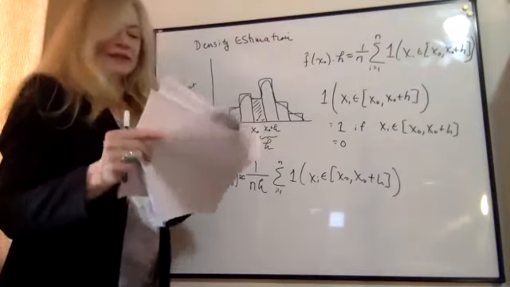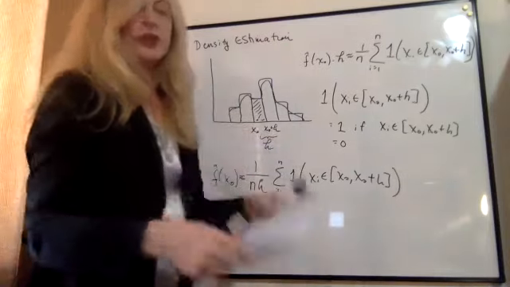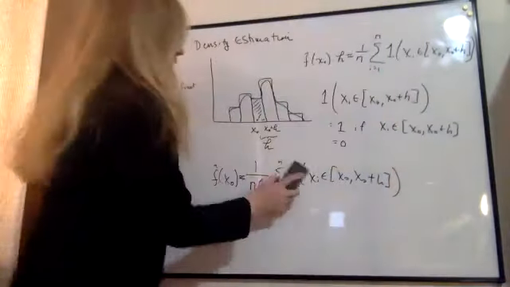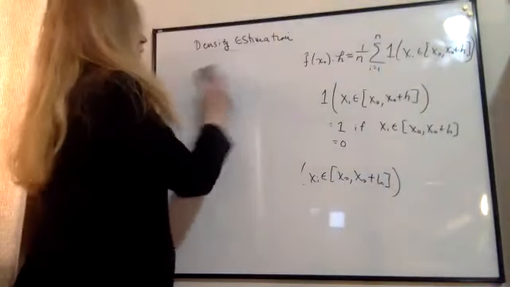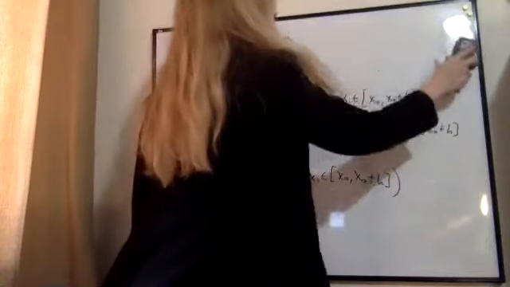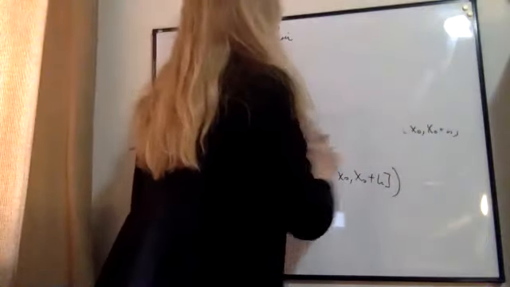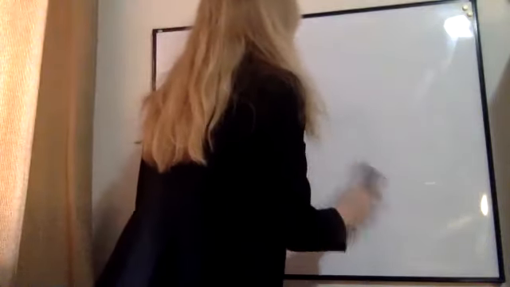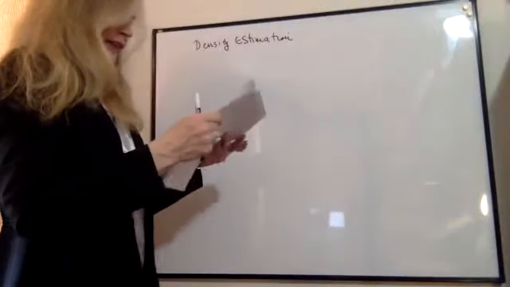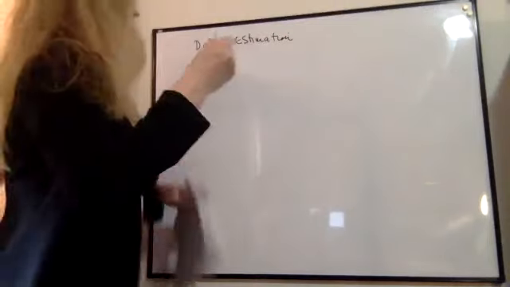Okay, and so let me just show you the bias. That's probably all we'll have time for today. Next class, I'm going to show you the variance, and we'll derive the optimal size of h. Okay, let's look at the bias.